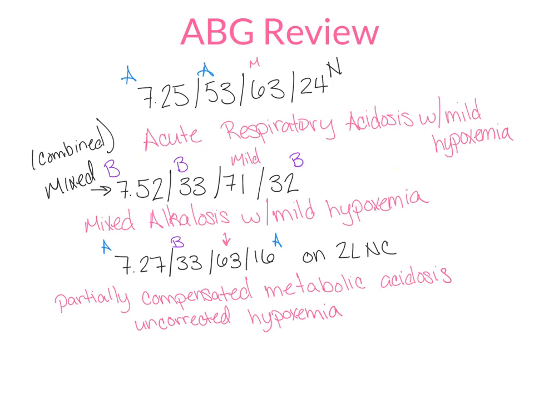This is something that we will always deal with and always have to interpret and change our treatments for the patients depending on ABG. So it's good to always practice and refresh yourself if you haven't done them for a while. So when I give you the worksheet, if I don't say that they're on oxygen, just assume that they are on room air. I will tell you if the patient is on oxygen.